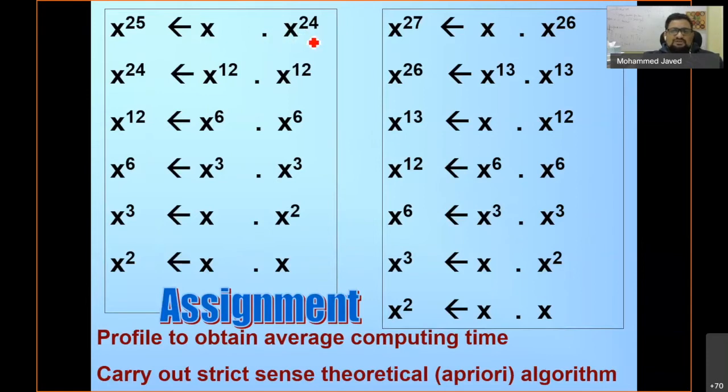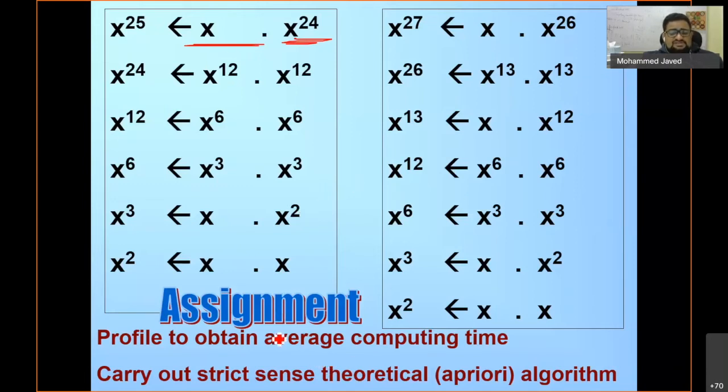Now this becomes even, and you have some pre-processing here. Whatever answer you get for this one, you multiply with x. So you have additional computing time here when the power is an odd number.